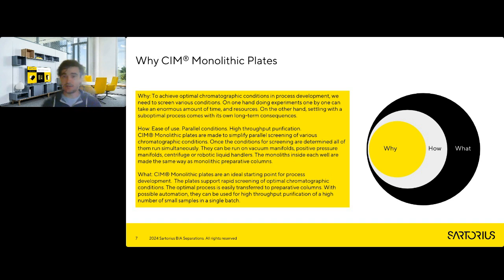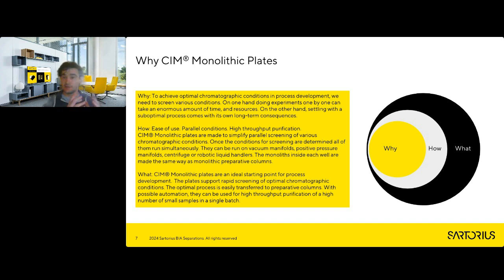So we have decided to put the monolith inside the plates. This way we can make design of experiments and test different chromatographic conditions, and once we determine the conditions on the plate, all of them can be run simultaneously.